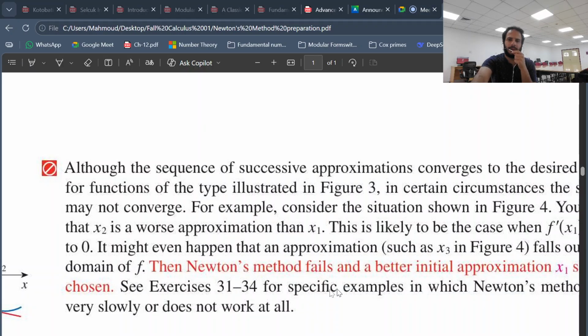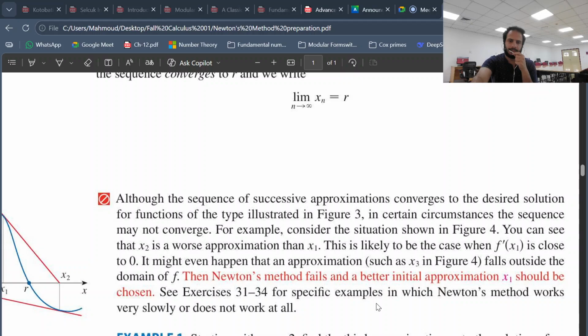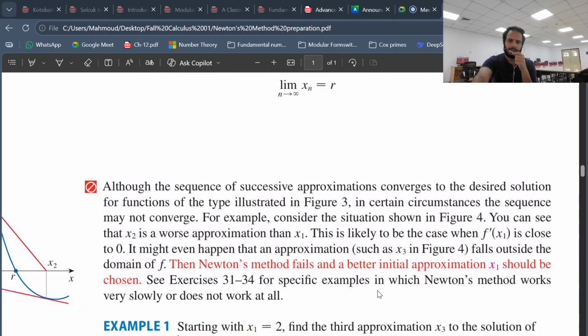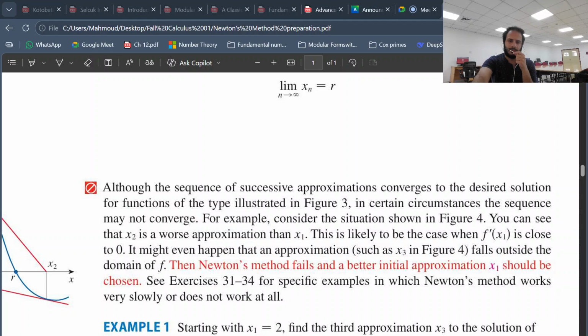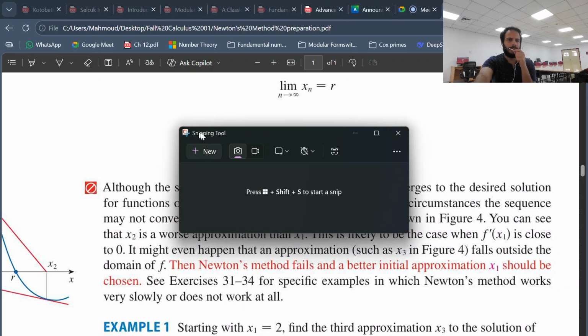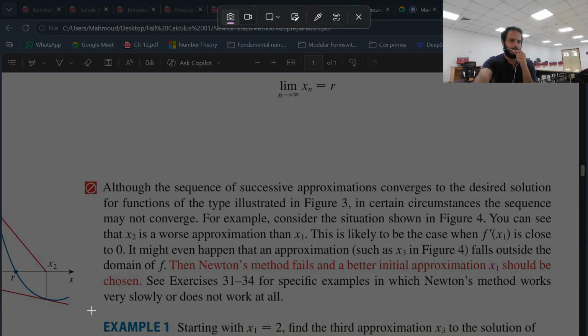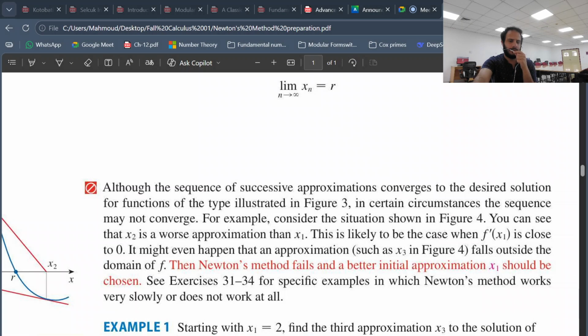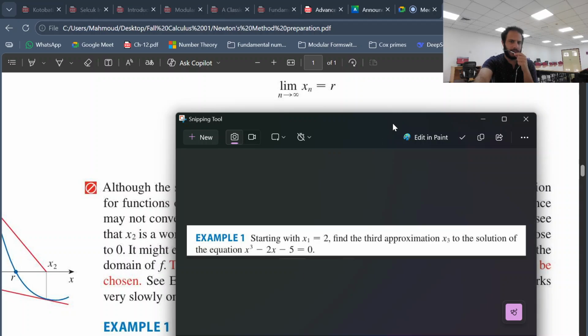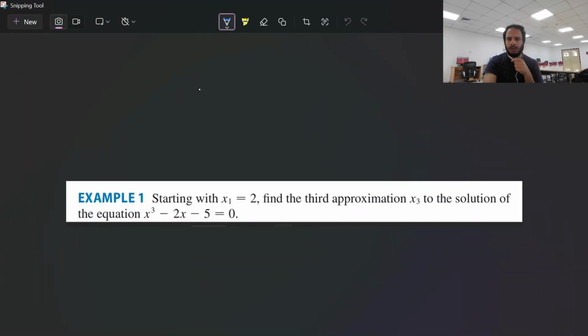Now, let's solve this example. So here x1 is given. You need to solve as I am writing now, okay? So first, write the formula.